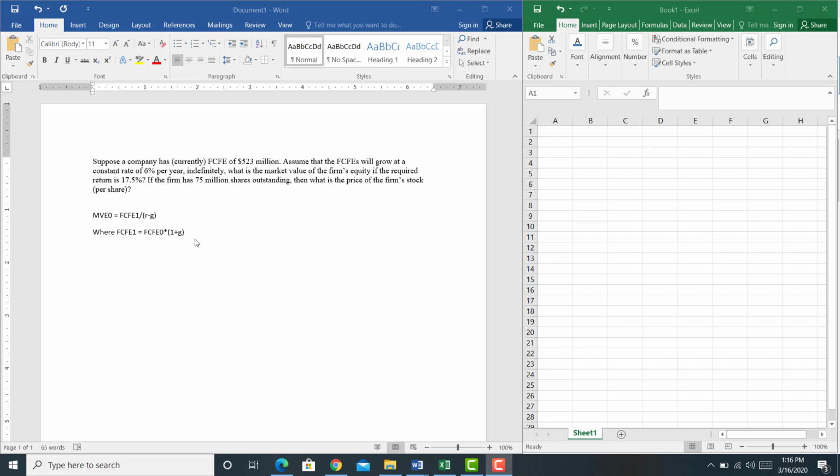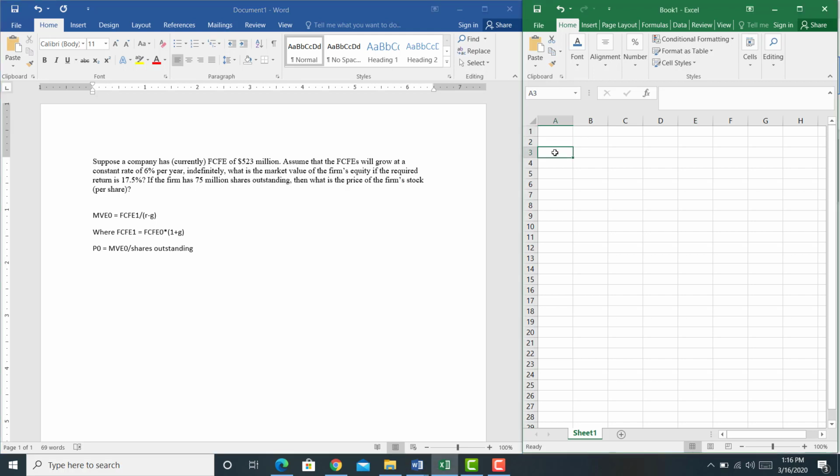And then to get the price per share, we're going to take the market value of equity today and divide that by shares outstanding, and that will give us the price per individual share. Okay.